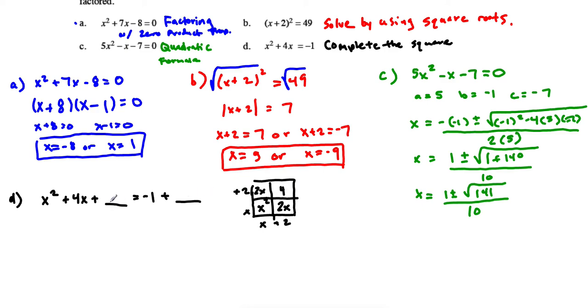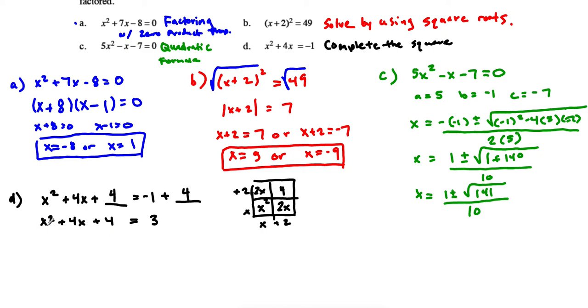So in order to make this a perfect square, I'm going to have to add 4 here. And if I add 4 to the left side, we have to add 4 to the right side. This is the part that most errors occur with. People forget this 4. So x squared plus 4x plus 4 equals 3.